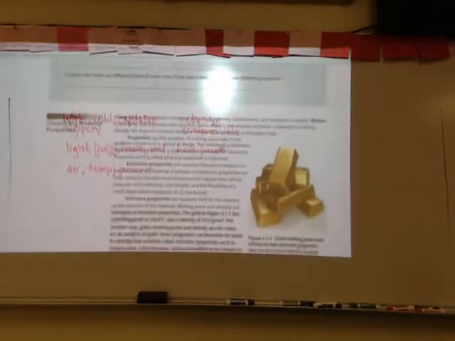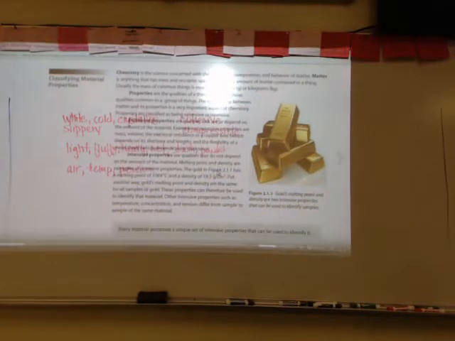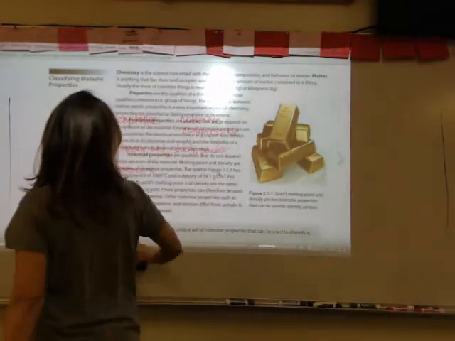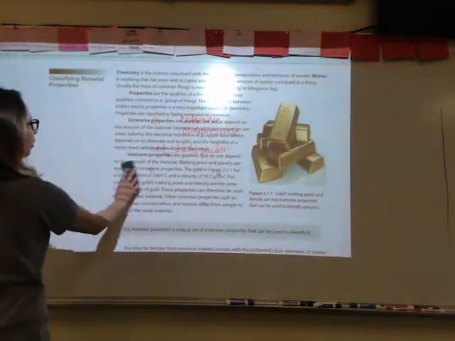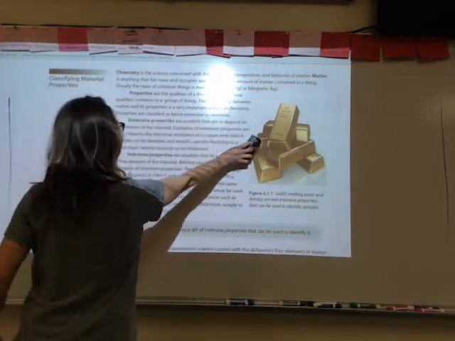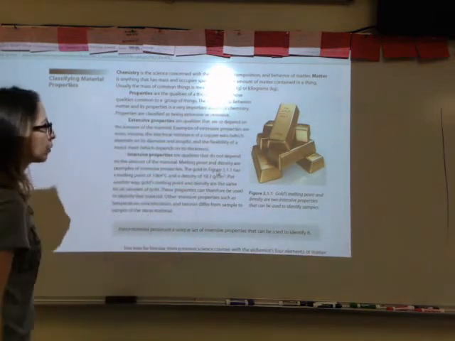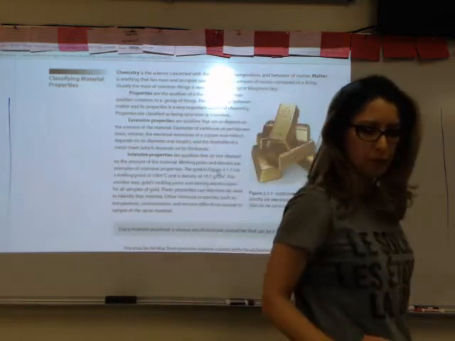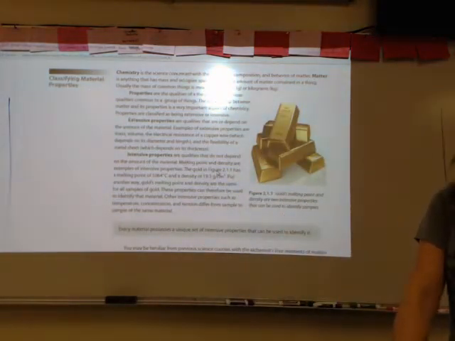Let's scroll down to classifying material properties. Chemistry is the science that's concerned with the composition, or what things are made of, the properties of matter, and the behavior of matter. And matter is anything that occupies space and has mass.